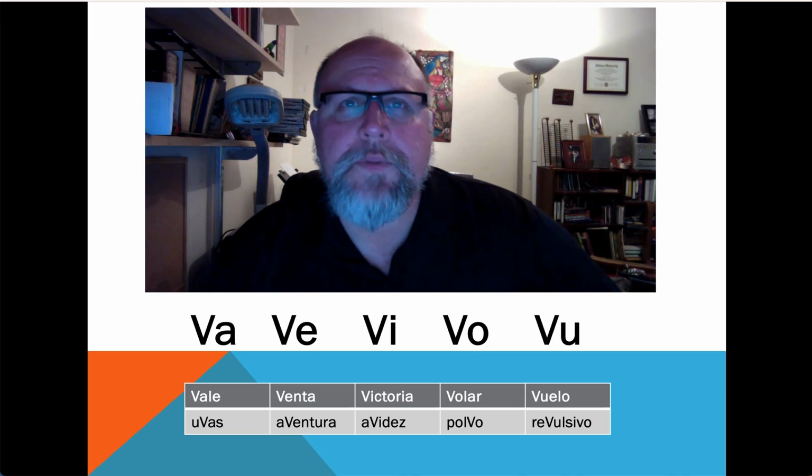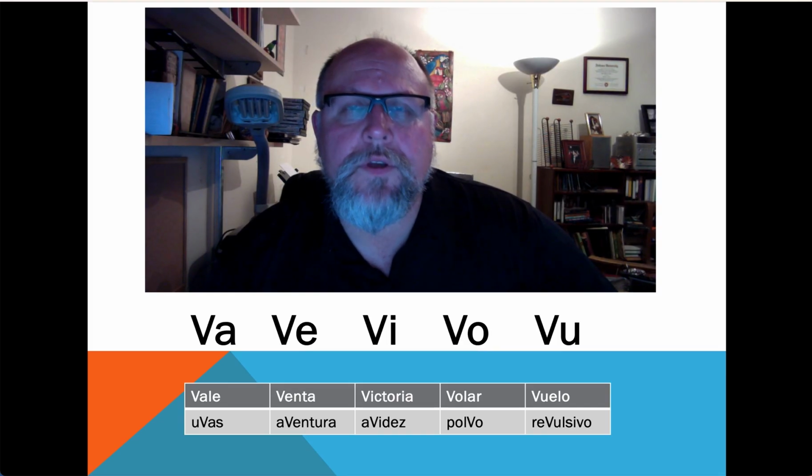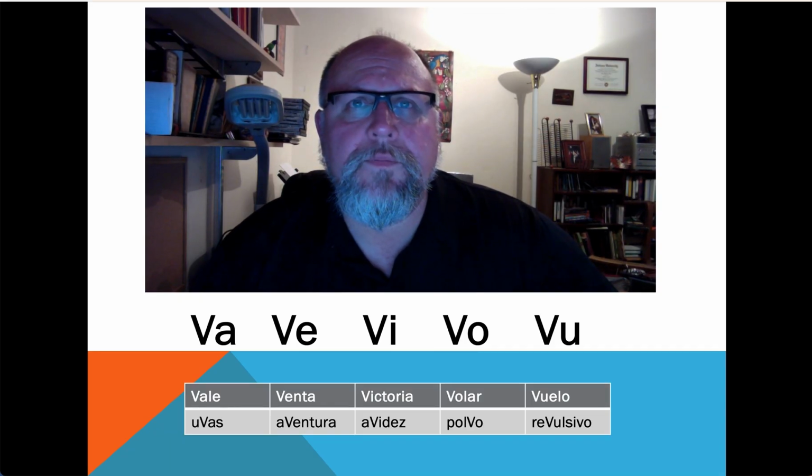The same thing happens with the V. The V and the B are pronounced exactly the same in Spanish. So this, as well as the other one, is pronounced ba, be, bi, bo, bu. First word, vale.